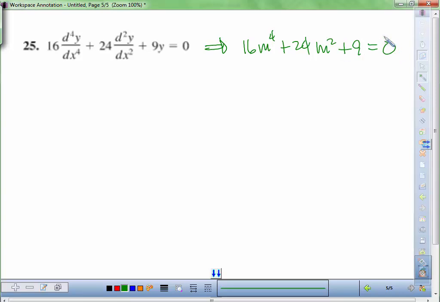Oh, can we factor this? Looks like it should be factorable. 4 and 3, maybe? You think? 4 and 3? Let's see. 2 times 4 times 3.